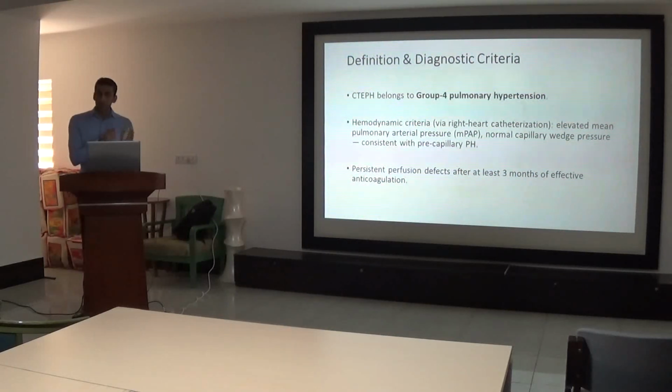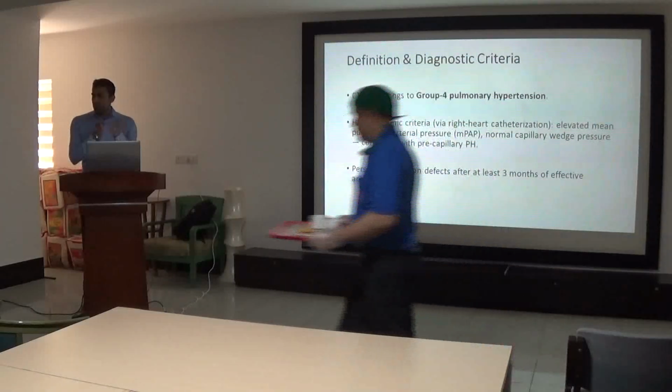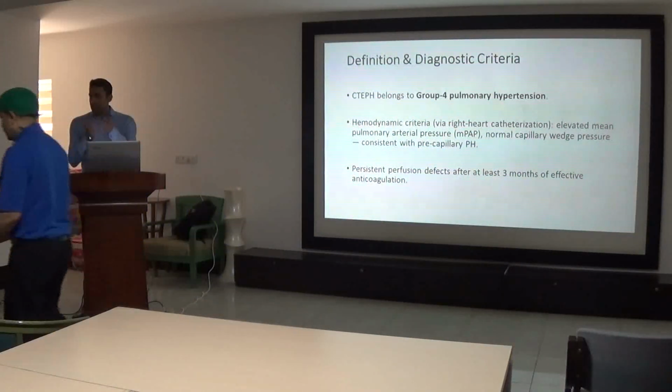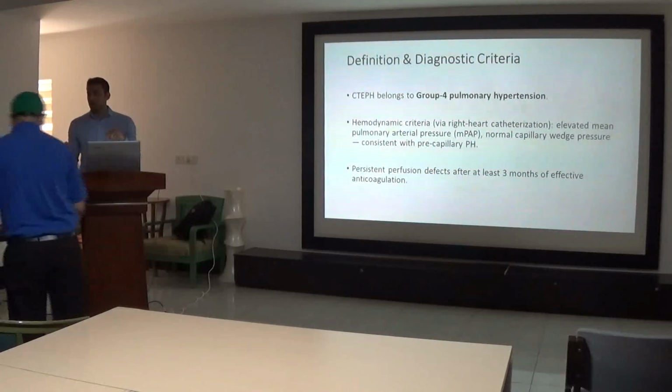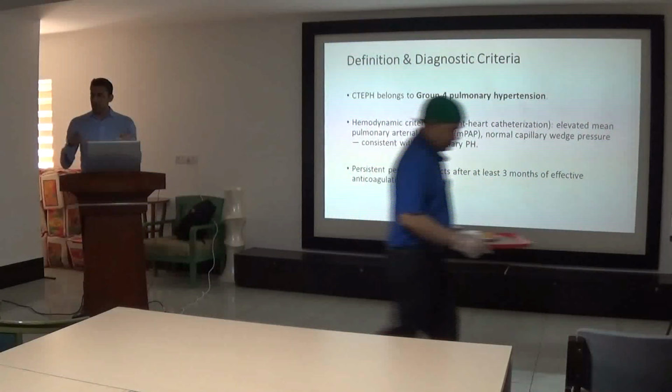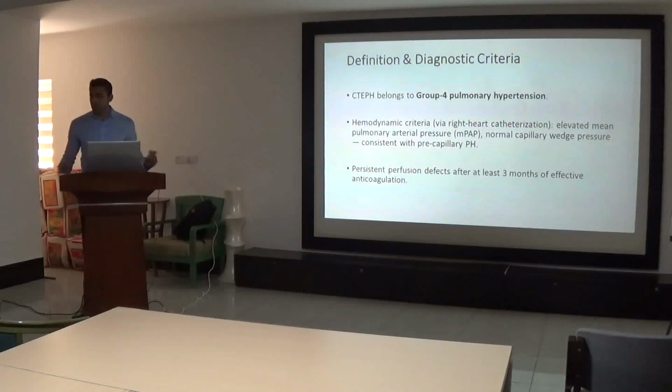So pulmonary vascular resistance is the resistance caused by the pulmonary vasculature. So how do we calculate that? It is the right ventricular outflow, that is pulmonary arterial pressure, minus the LA pressure, divided by the cardiac output. So that gives you the value of the pulmonary vascular resistance.